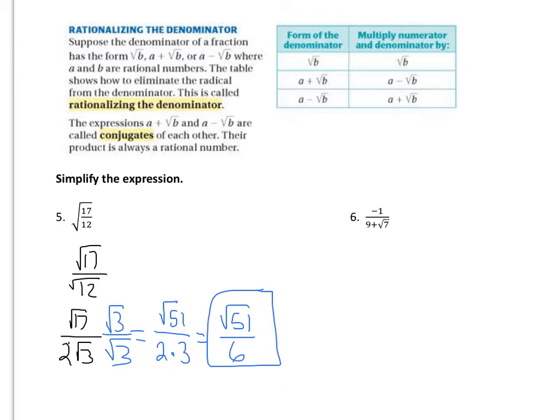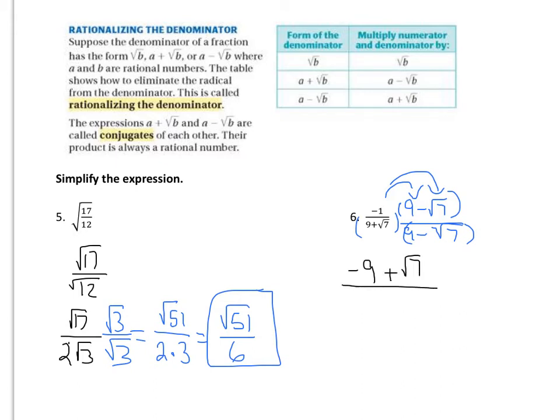Now this one, what I would do is multiply by 9 minus the square root of 7, the conjugate, 9 minus the square root of 7. Distribute the negative 1 on the top, so I'd get negative 9 plus the square root of 7. Now watch how this ends up working.